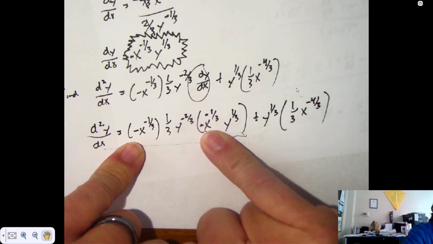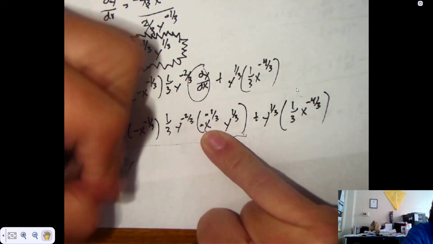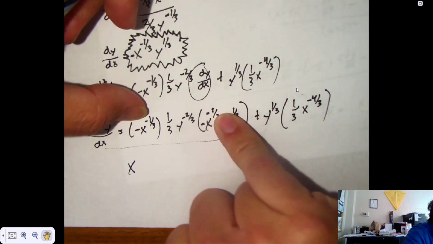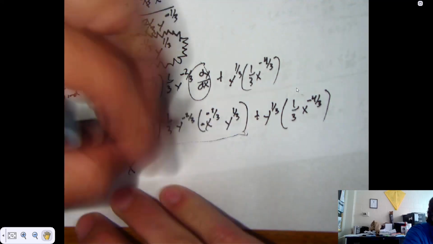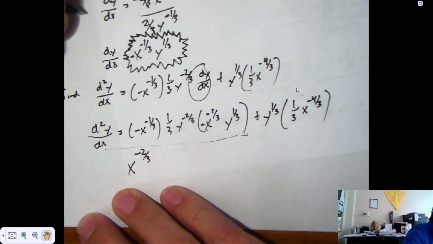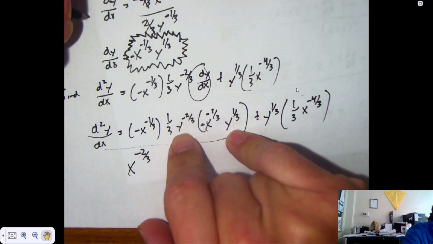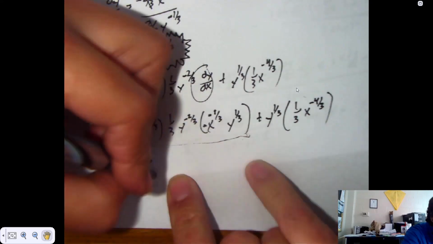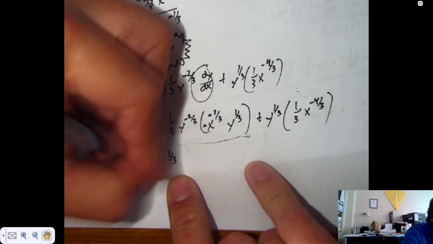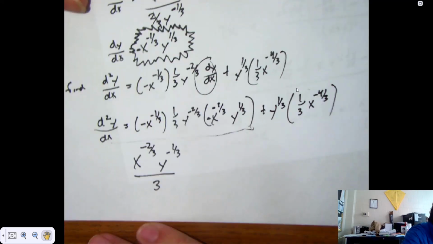Negative x times negative x is a positive x. What are you supposed to do with the exponents? You multiply two like terms, you add them. So negative 1/3 plus negative 1/3 is a negative 2/3. These guys are alike. They're both y's. We're supposed to add exponents. It becomes a y to the negative 1/3 power. It's all over 3.